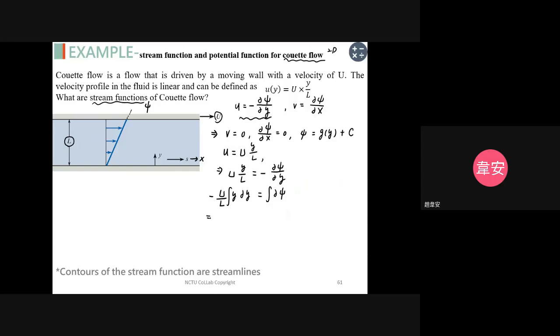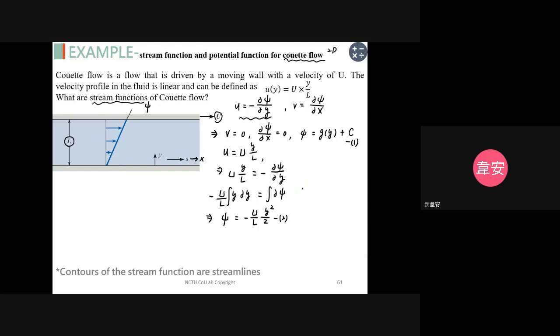So we know that the stream function is equal to minus u over L times y squared over 2. Okay, so you can compare: this is equation 1, and this is equation 2.